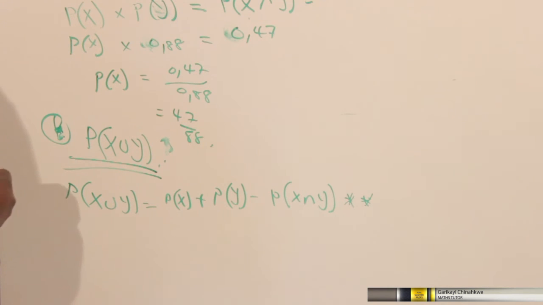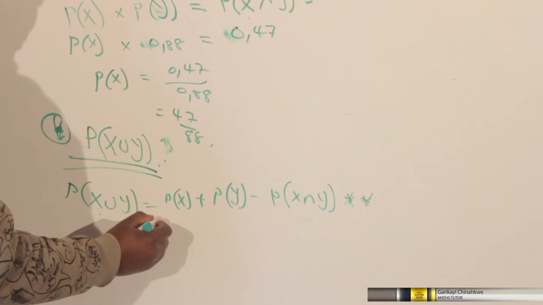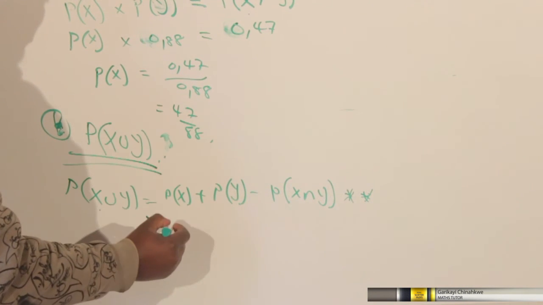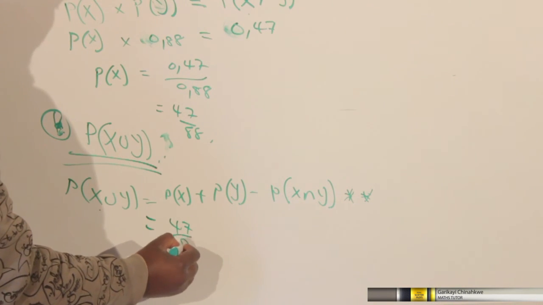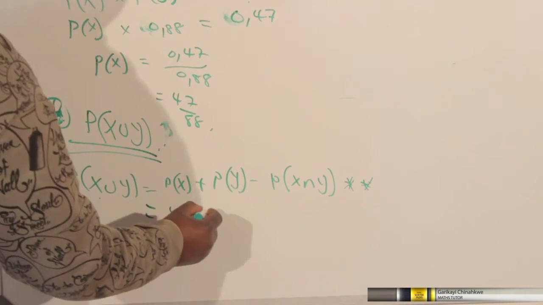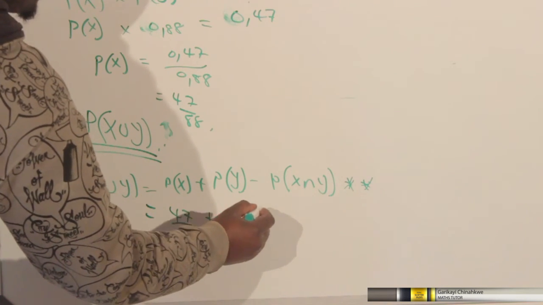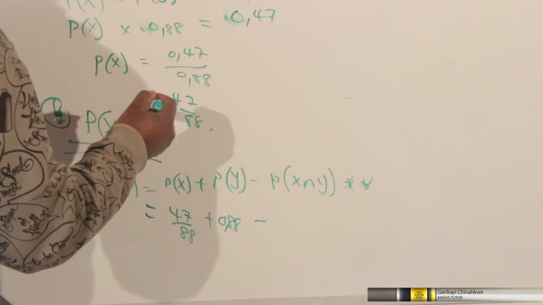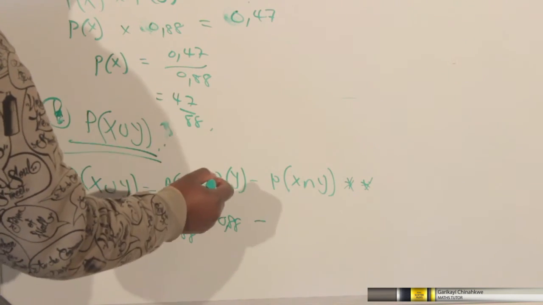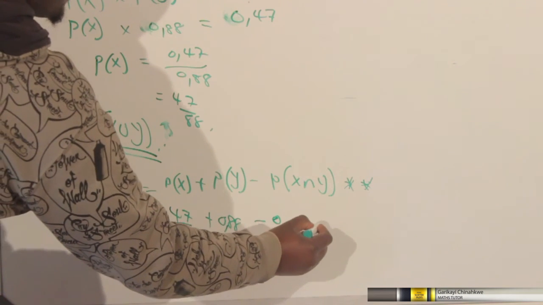Then what is probability of x union y? We are looking for that, which is equal to probability of x, which we calculated as 47 over 88, plus probability of y, which is 0.88, minus probability of x intersection y, which is 0.47.